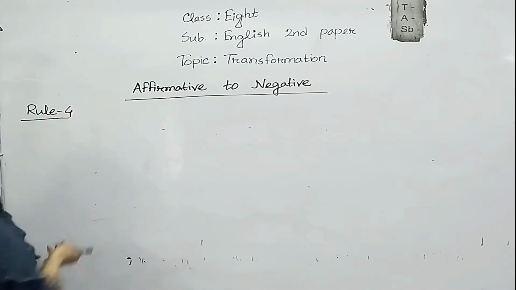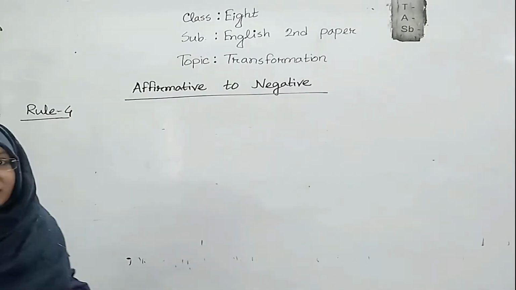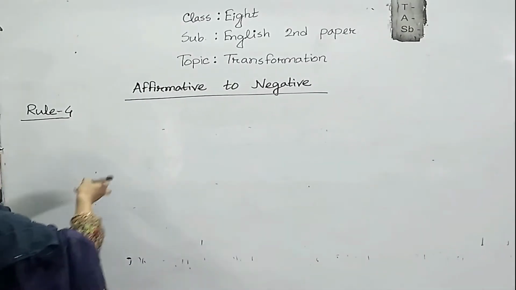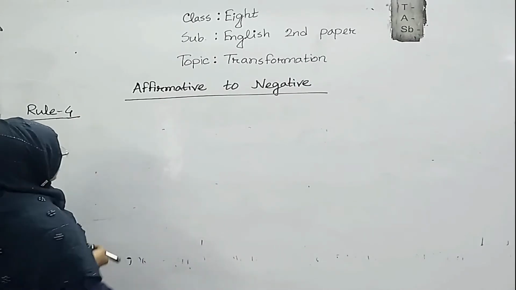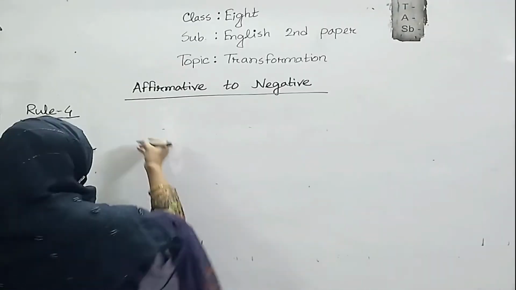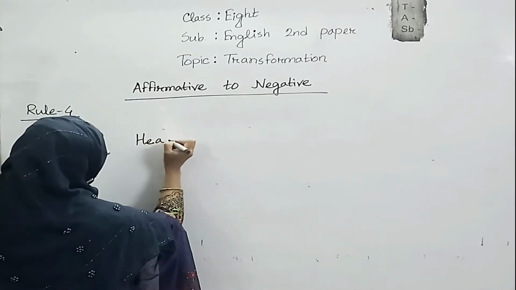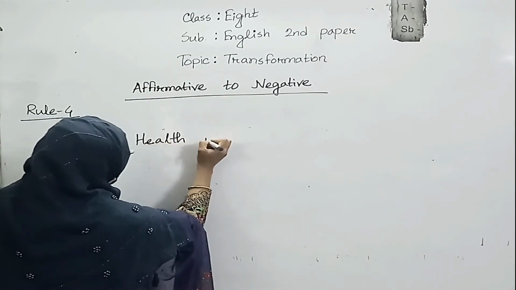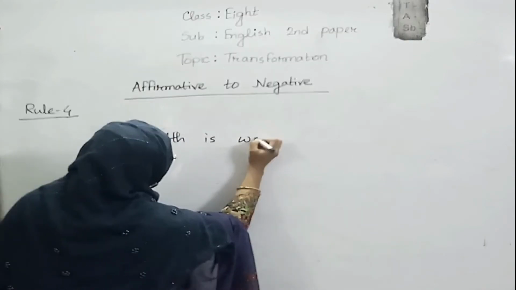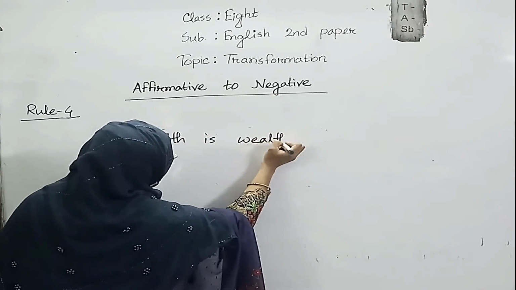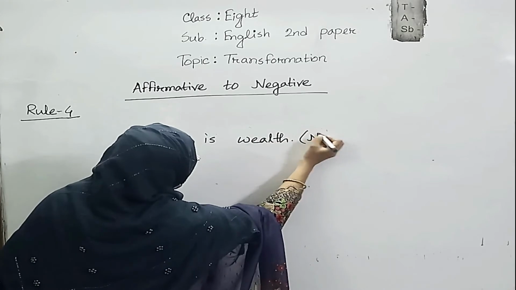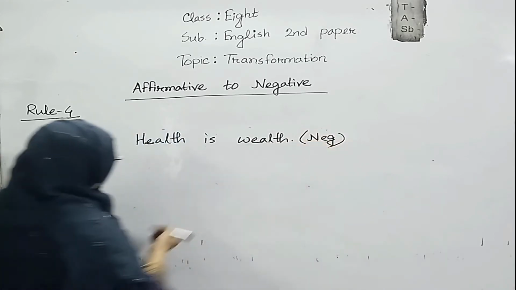Rule number 4. If we get a universal truth in an affirmative sentence, then what will we do? Okay, here is the sentence: Health is wealth. And we have to make it negative.